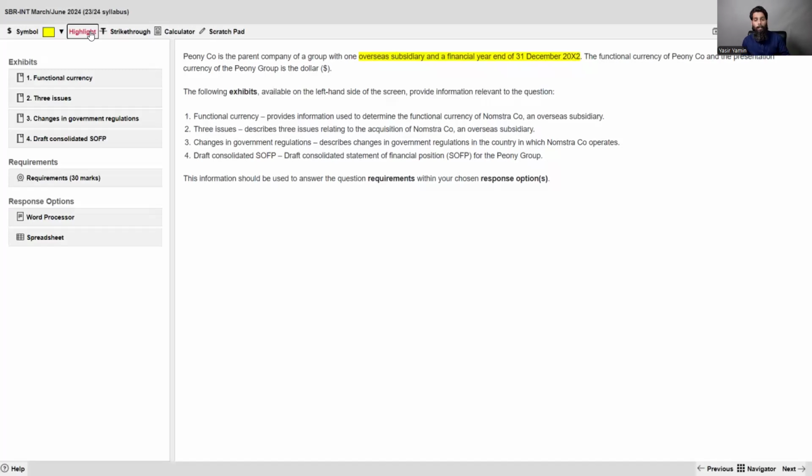Any transaction that happens during the year, either you opt for the actual rate of that particular transaction, or in the absence of the actual rate, for the sake of simplicity, you opt for an average annual rate to translate the numbers of the foreign subsidiary. And for closing date balances, you always choose the closing date exchange rate to translate the values.